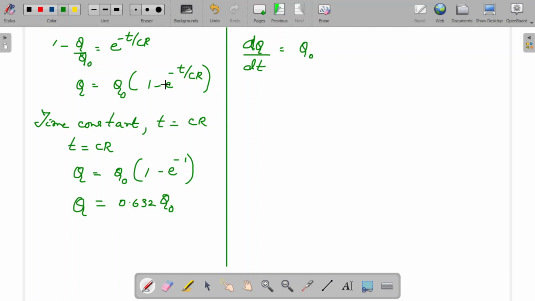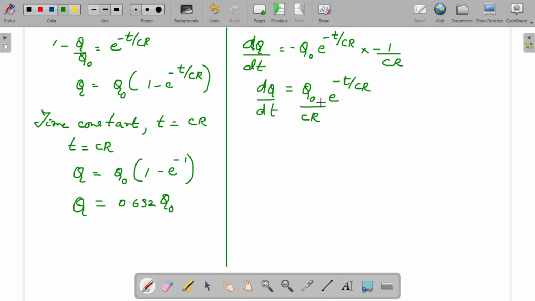Then you differentiate 1 minus e raised to minus t by CR: the differential of 1 is 0, so you get minus e raised to minus t by CR. Then differentiating minus t by CR gives minus 1 by CR. So that becomes equal to q0 by CR into e raised to minus t by CR. Okay, so that is dq by dt.